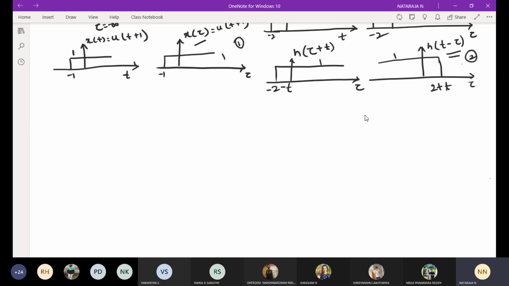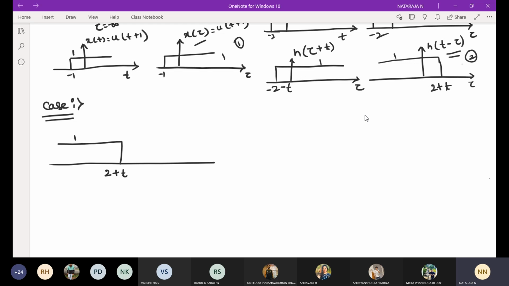Okay, now consider case 1. This is my case 1. I will take one time axis. First I will take the h of t minus tau signal. That is the second signal. Amplitude is the same. The time axis will be 2 plus t.